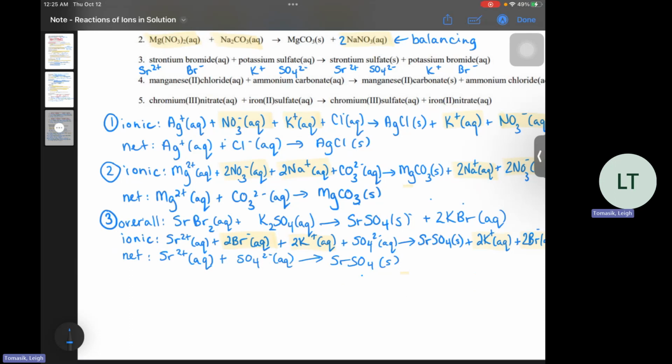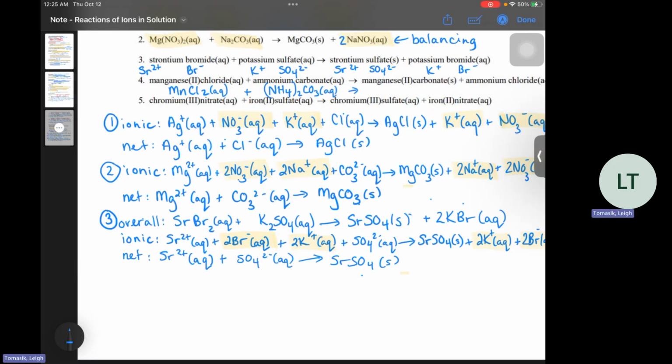I'm going to, so we sort of did the steps of how to do number 3 as coming up with a chemical formula, so I'm gonna sort of do the same. Manganese 2 chloride is MnCl2 aqueous plus ammonium carbonate. Ammonium is NH4. Carbonate is CO3 with a 2 minus. So NH4 has a 1 plus charge. CO3 has a 2 minus charge. So it's going to be this.